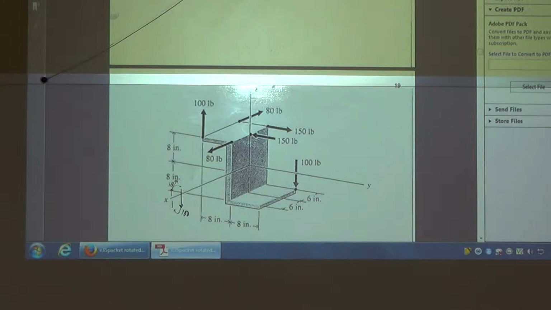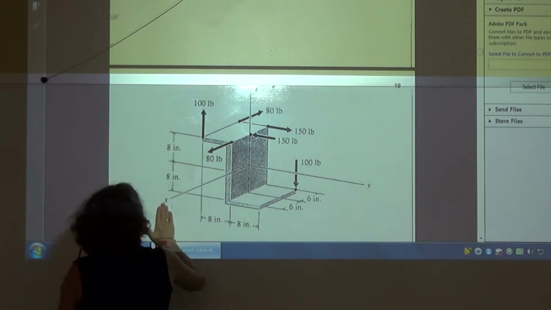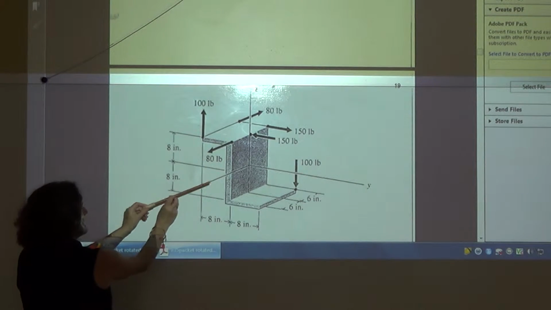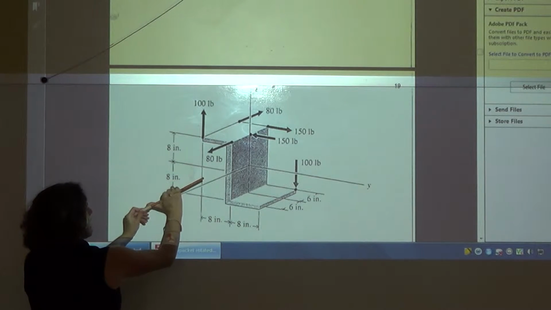Okay, Chris L, question? I was just wondering, how do you know it's negative? I'm just trying to understand the right hand rule thing. Okay, so let's pull this out. Here's my x-axis, coming this way, so this is positive.